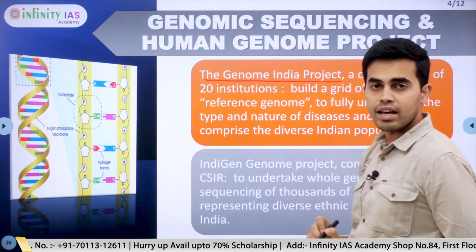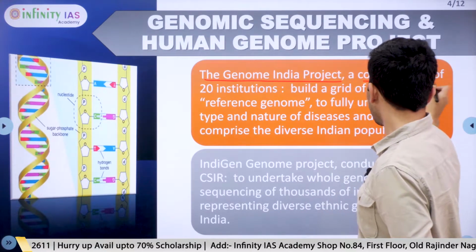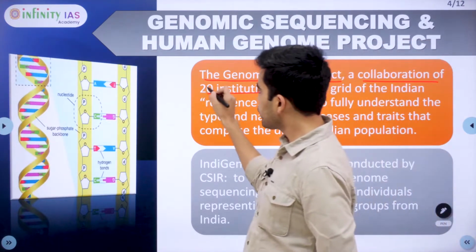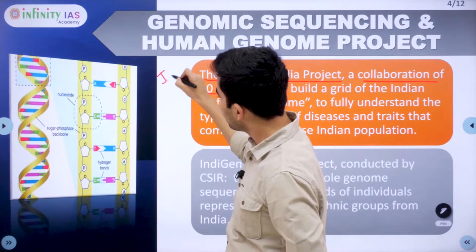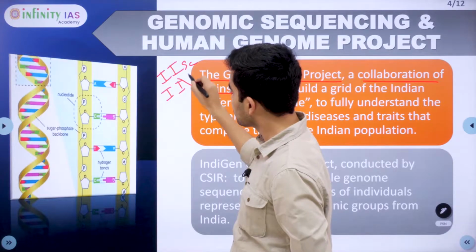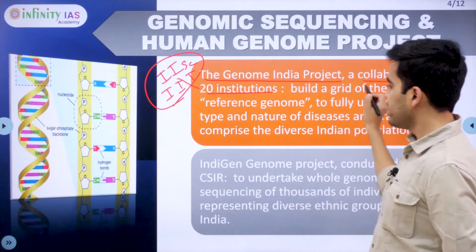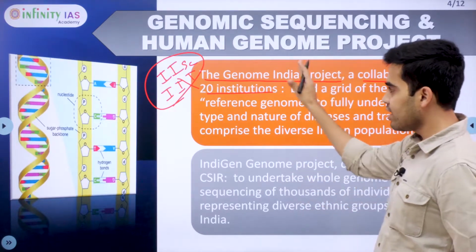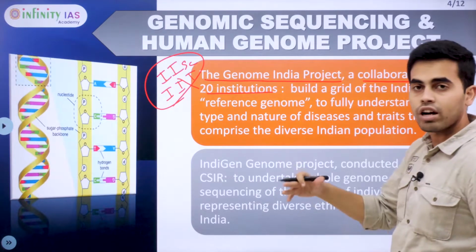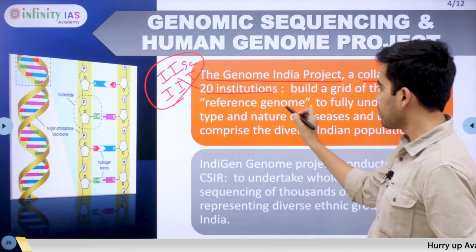The first Indian project is the Genome India project. For prelims examination, this is very important. The Genome India project is a collaboration of around 20 institutions, which include IISc and even some IITs. What is the aim of this project?